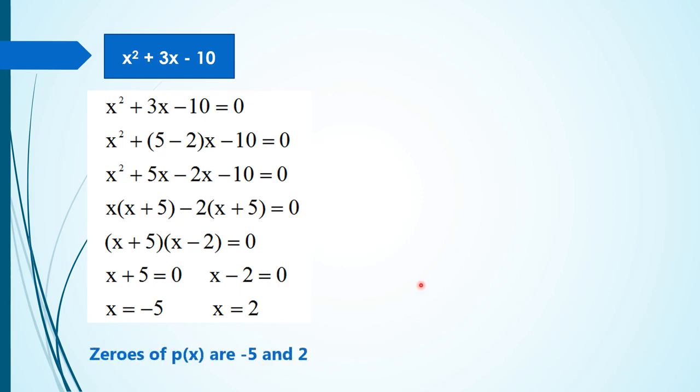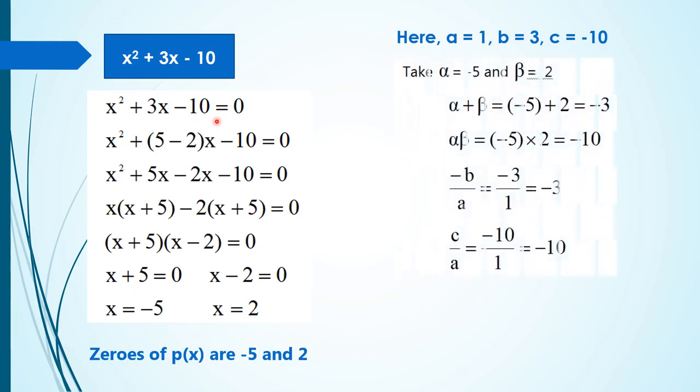Now we will verify whether the required relations are true or not. It is very clear, a is coefficient of x square, that is 1, and b is coefficient of x, that is 3 here, and c is constant term, that is minus 10. Let us take the two zeros as alpha and beta.